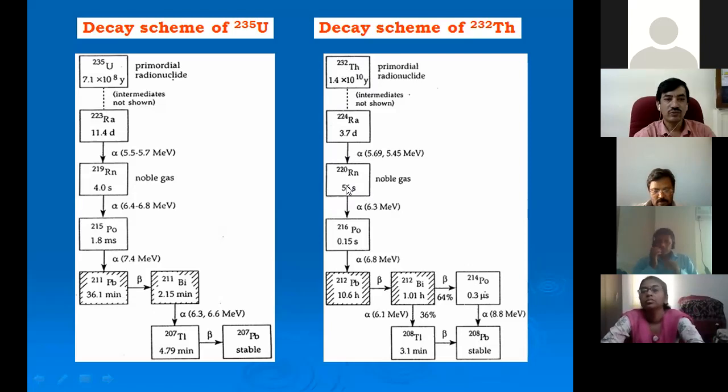Whereas the radon-222 half-life is 3.82 days, so there is a possibility of it entering the atmosphere before it completely undergoes radioactive decay. Similar to the first series, this radon will undergo radioactive decay in the atmosphere and produce many other radioactive elements.